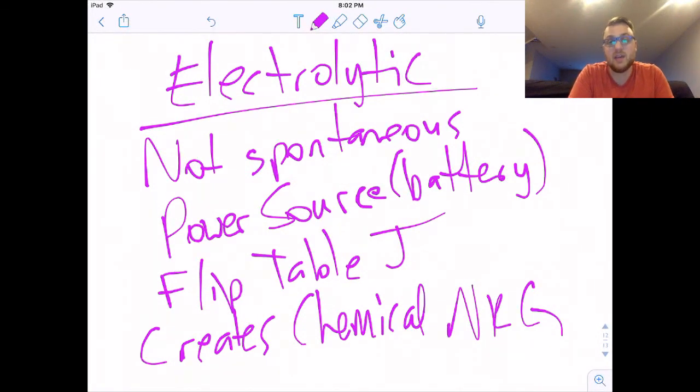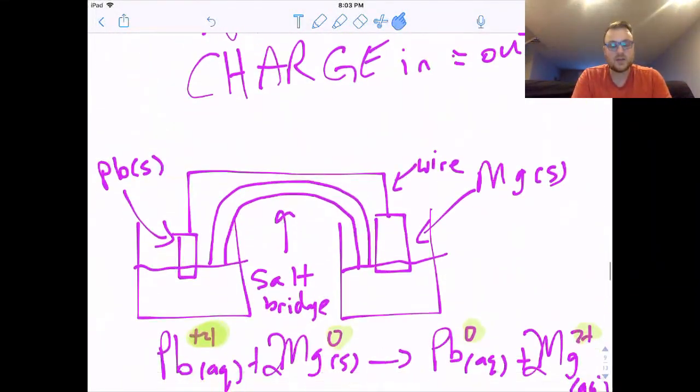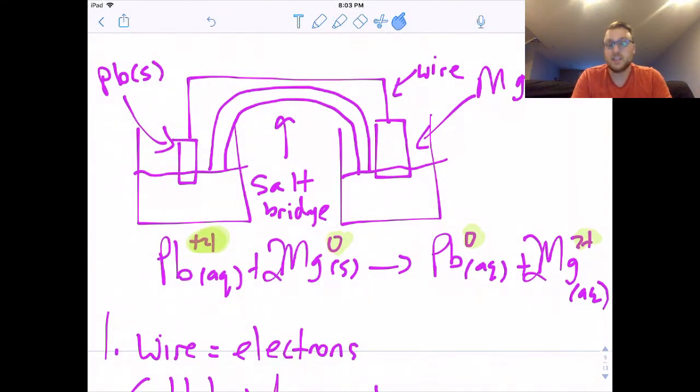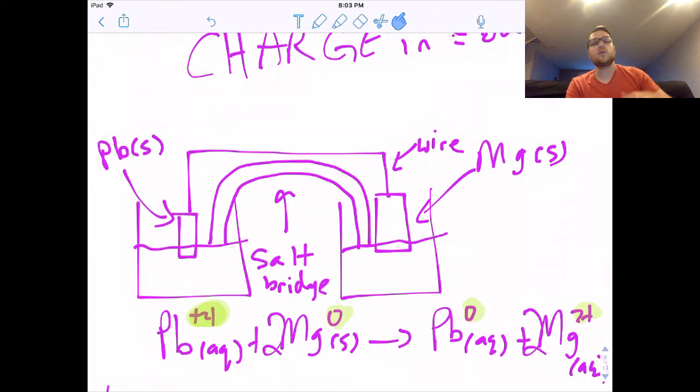A voltaic cell, like this, since that is connected without an outside energy source, it will follow the principles you see on table J. Pb is lower than Mg, so the electrons are going to leave Mg, who's being oxidized. Since Mg is higher, it's being oxidized, lose electrons oxidation.